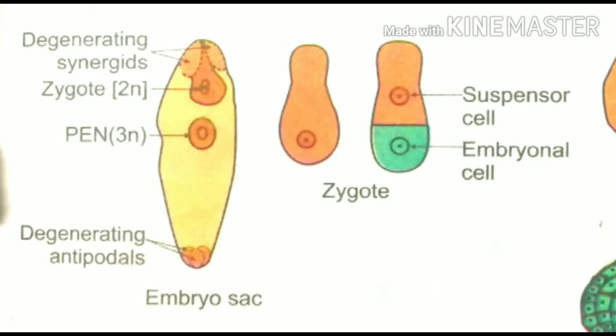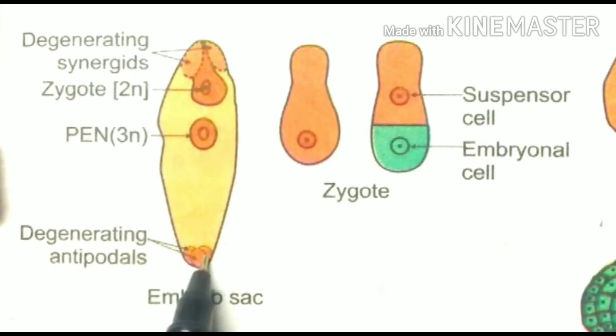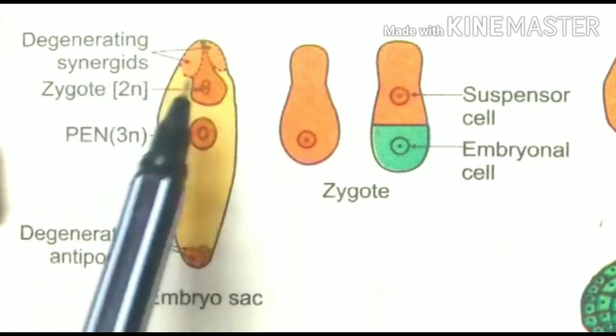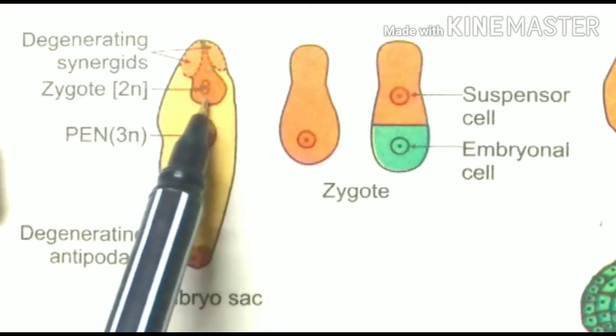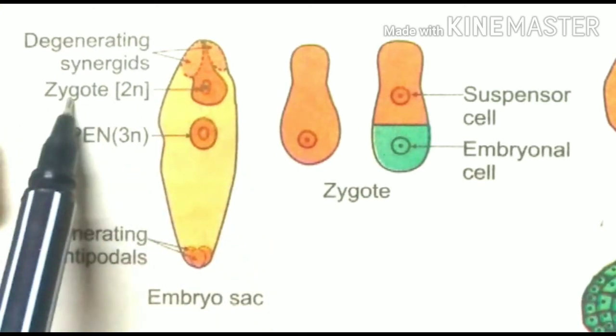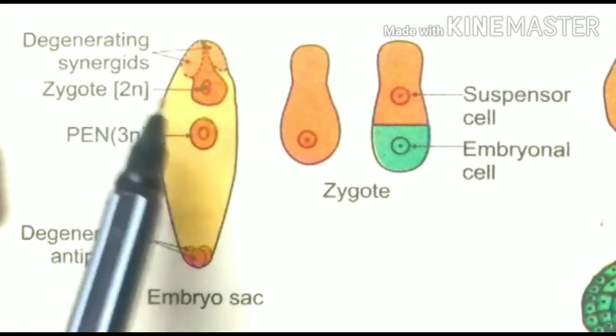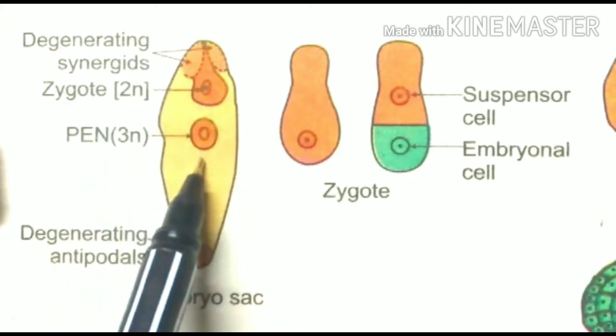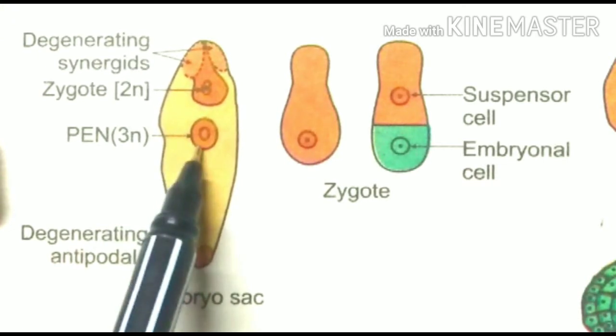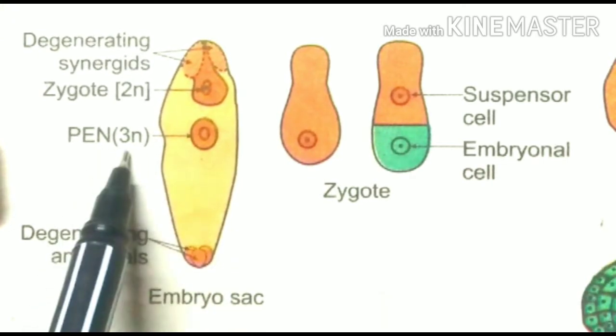One male gamete fuses with the egg cell and forms the zygote. Now the zygote is diploid, and the second male gamete fuses with the secondary nucleus and forms the triploid endosperm.